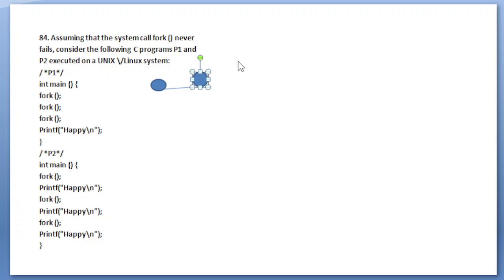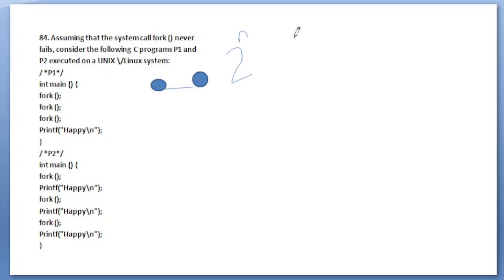So we know the formula: 2 raised to n is the total number of processes we create. Here the total number of fork calls is 3.